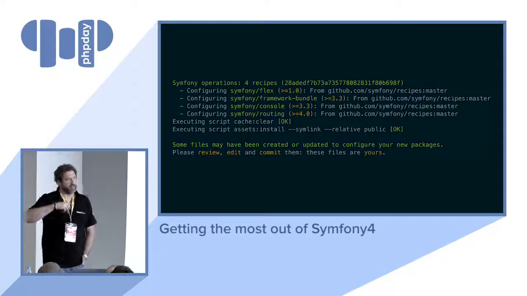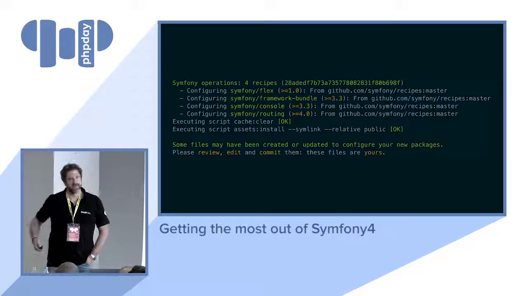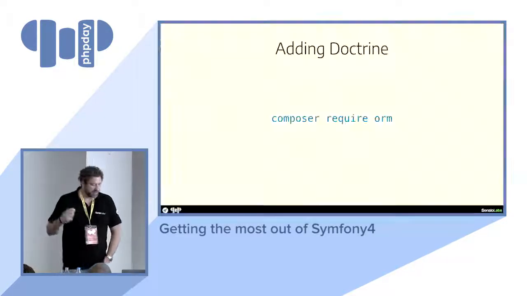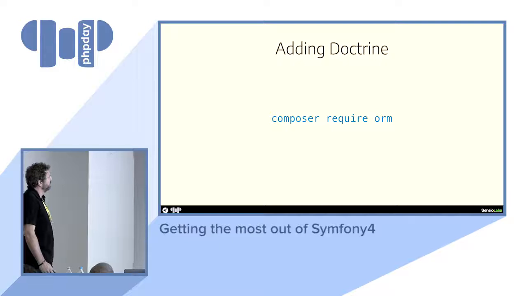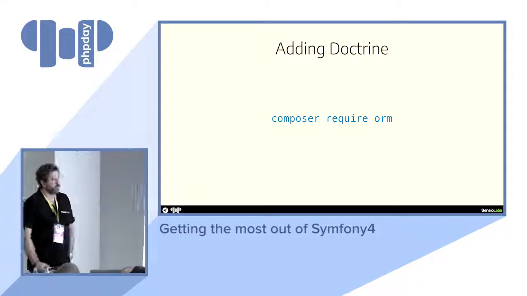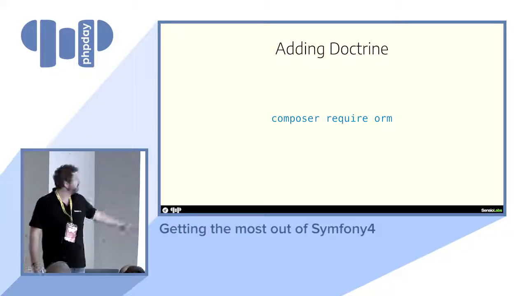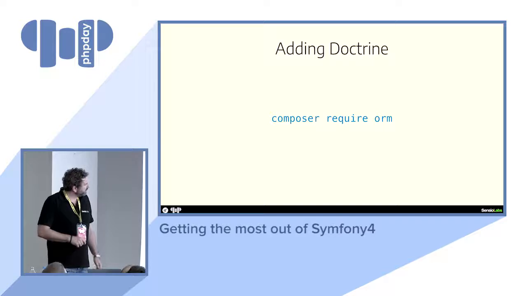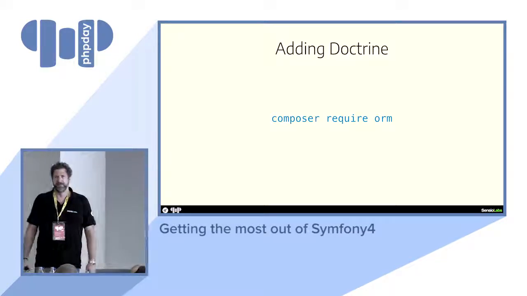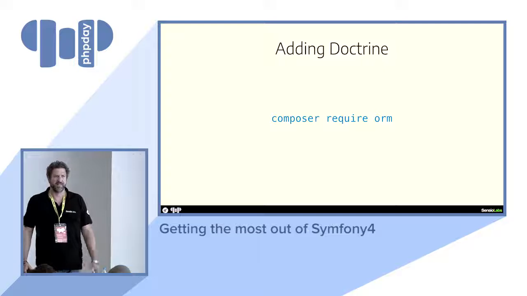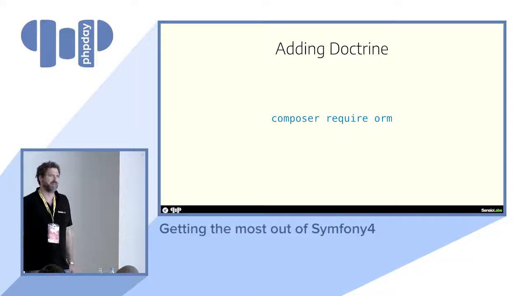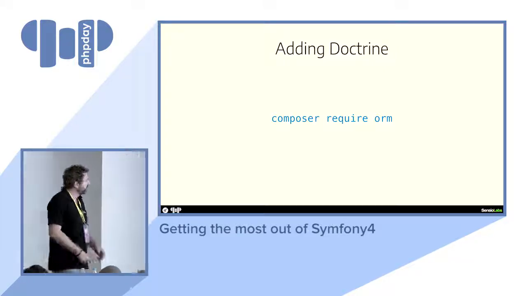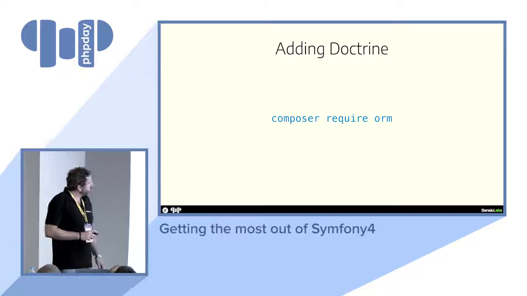So now to explain what really happens when you do that, let's look at what happens when you add Doctrine. You run composer require, so far easy. You can run composer require ORM, which is kind of weird because that's not a package, right? They have to have a slash. So actually, what this is, is an alias.